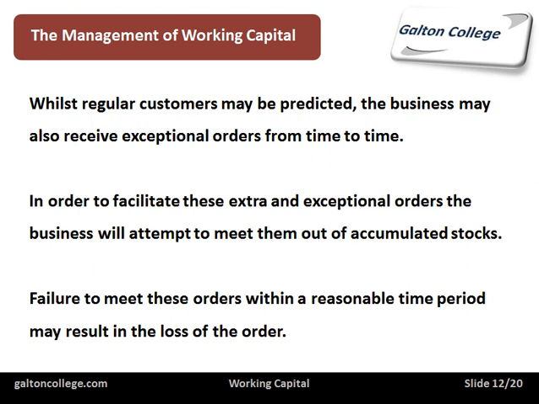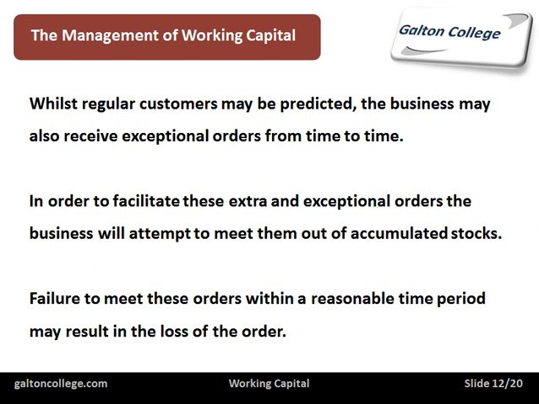There may be 2 or 3 within a month, and there may be 6 months without any. They don't know when the orders are going to come in. But when the orders do arrive, the companies or the people placing the orders want to receive the goods perhaps as fast as possible. They don't want to wait. So the onus is on the business to produce items and keep them in stock.